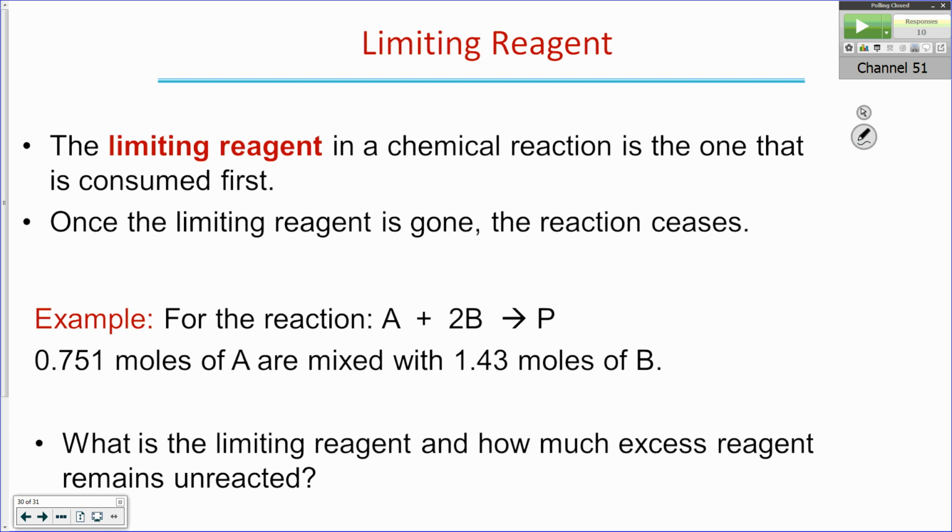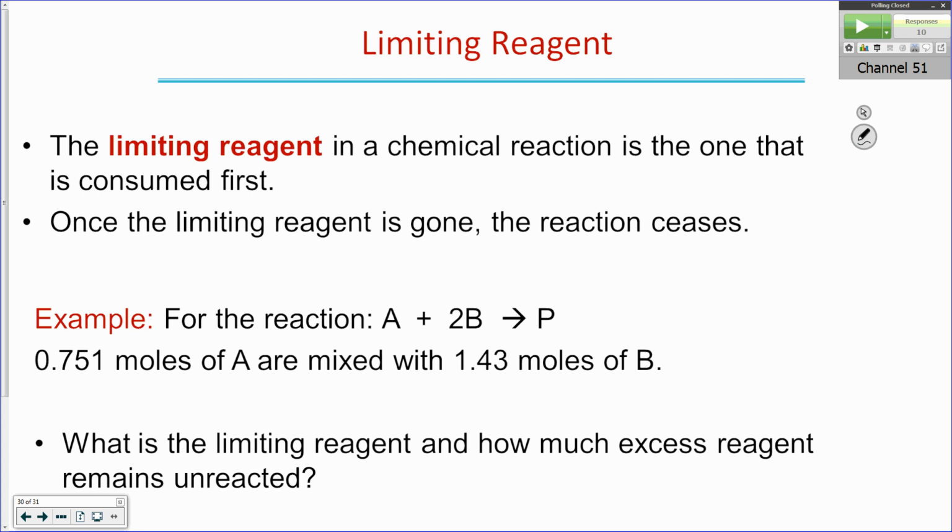They're not consumed in an equal ratio because there's two of B consumed for every one of A. And I said you've got some of A and some of B react, and I want to know what's the limiting reagent and how much is left over. The strategy we taught from freshman chem was to convert both of these into moles of product and then find out which one makes the fewest amount of product.